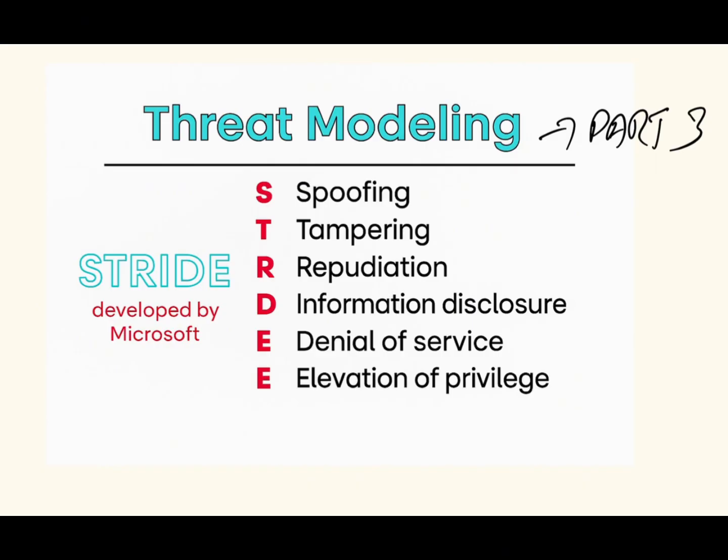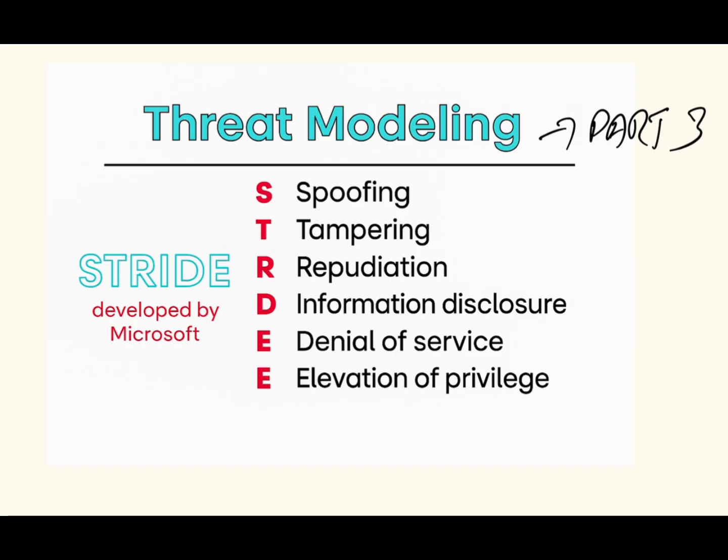To make it actionable, especially during threat modeling, we need to apply it to a specific system or scenario and identify the technical implementation of each threat category. So these are the threat categories, and in this session and in the previous session, threat modeling part 2, we are mainly focusing on all these categories one by one.